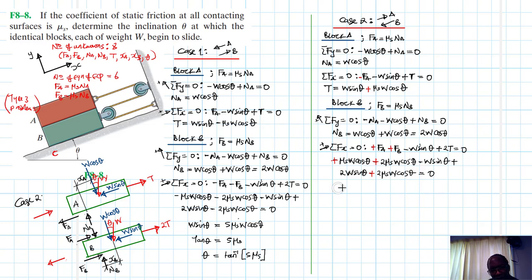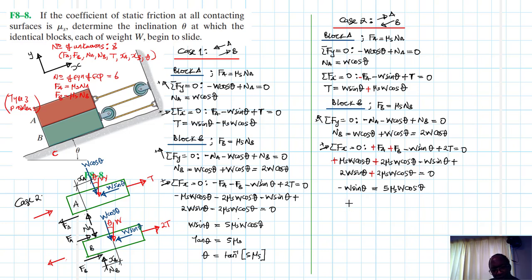So we are going to have minus W sine theta equal to 5 mu s W cos theta.